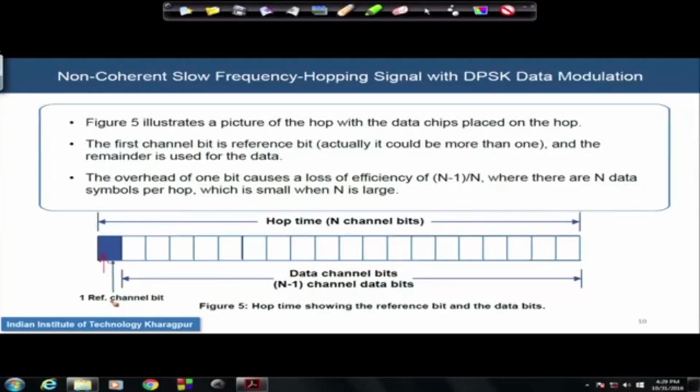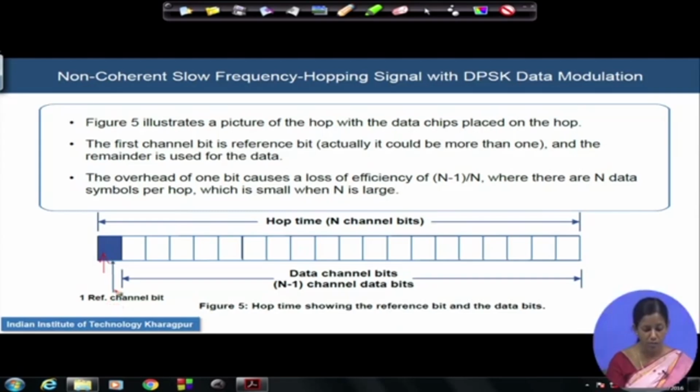Remember, once we are adding the reference channel bits, it does not mean that we always have to add a single reference channel bit; we can have multiple channel bits added here. And once we add those bits, given this frame, you are losing some part of the frame to transmit the reference channels. So, in terms of efficiency we are losing somewhere.